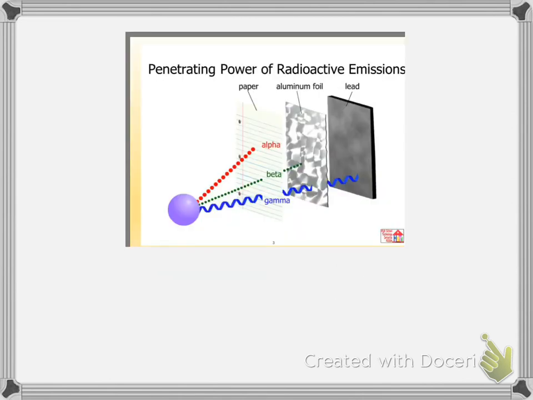All right, take a look at this picture. This picture talks about the penetrating power of radioactive emissions. This purple ball right here is an unstable nucleus. Remember, we said unstable nuclei are unhappy. So an unstable nucleus will release radiation: alpha, beta, gamma. Look at the first thing we have here, the paper.